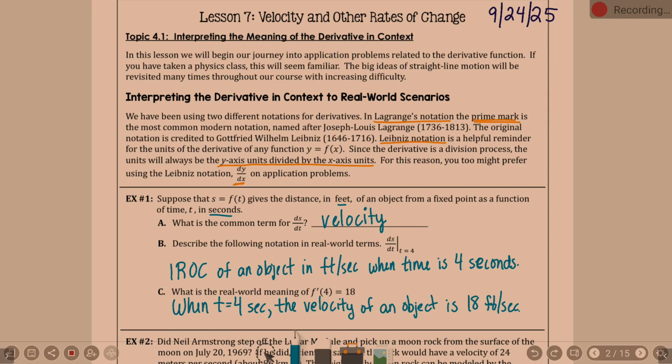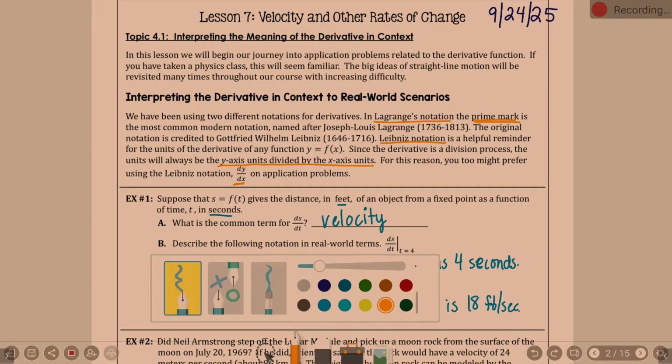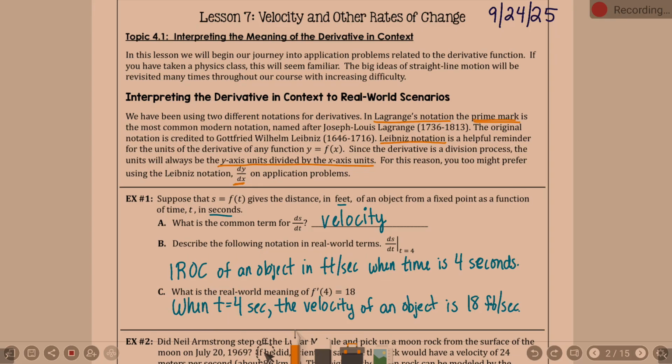Now, I have a little side note down here, and I don't even know if I can fit it in, but I should probably put the information in my starred comment here. Positive velocity.